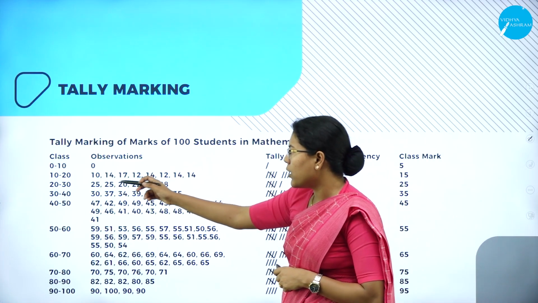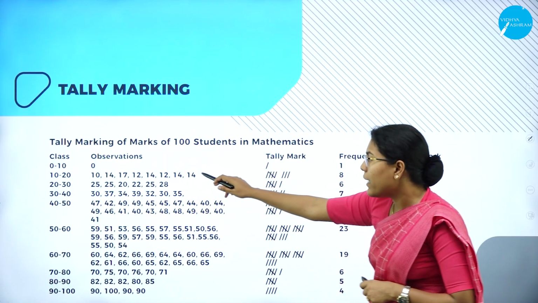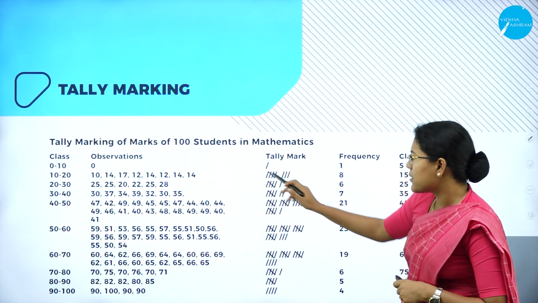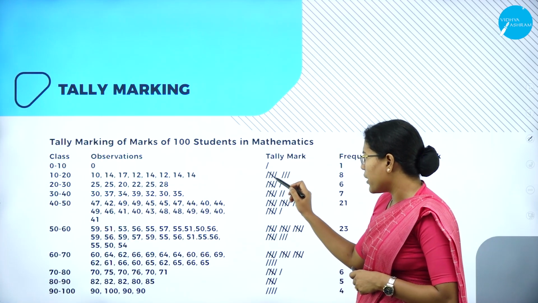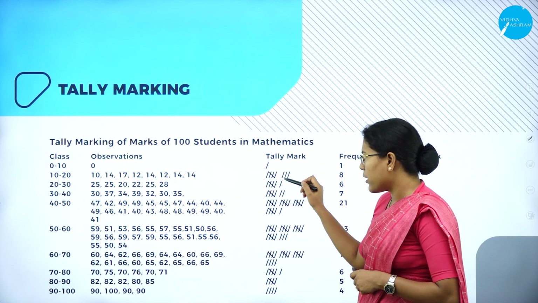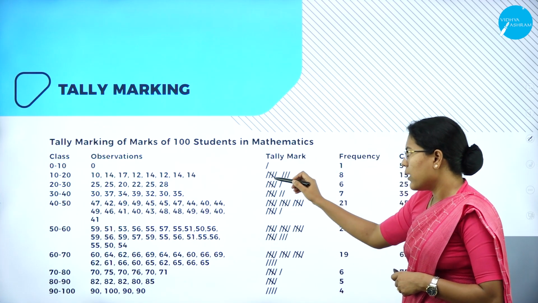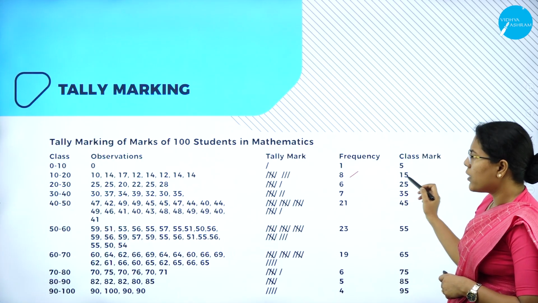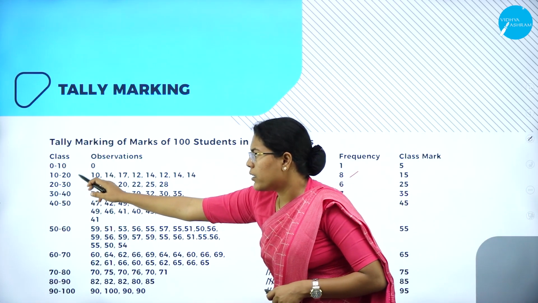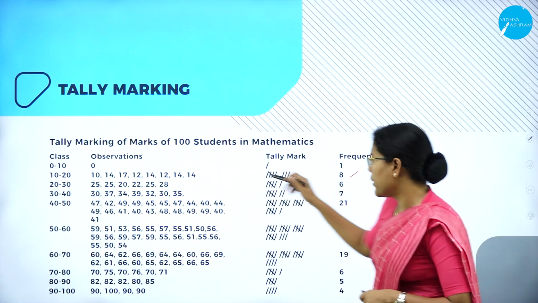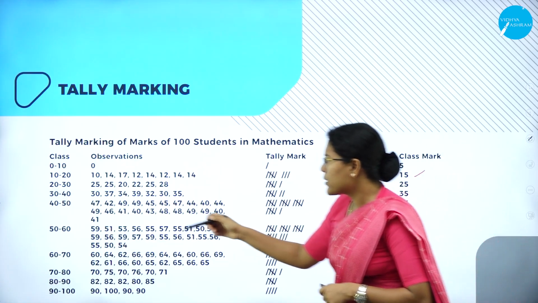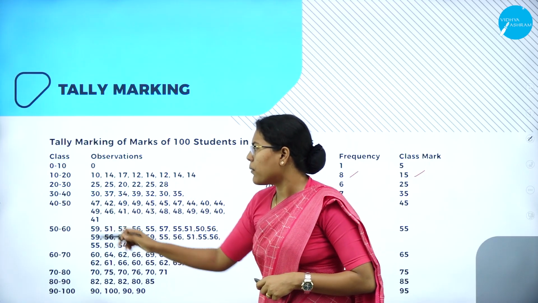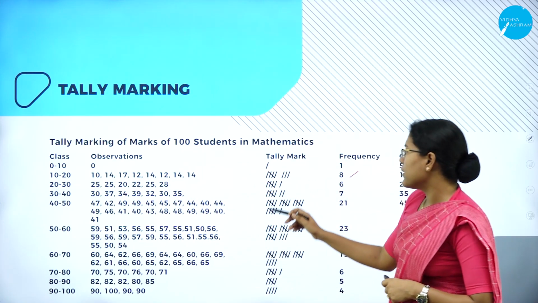For the next class from 10 to 20, there are 8 students, 8 marks which come under 10 to 20, and that is marked as 1, 2, 3, 4, and the fifth one is diagonal. And next 1, 2, 3. 8 tally marks, frequency is 8, and the midpoint is 10 plus 20 divided by 2, the midpoint is 15. Next 20 to 30, we have 6 marks which come under 20 to 30 and there are 6 students.